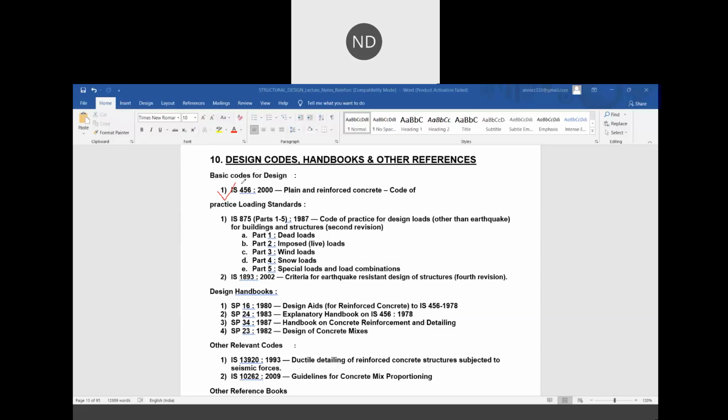IS 456 2000 is the code of practice for plain and reinforced concrete. So in this IS code, which we are using now, we have all the plain and reinforced concrete code of practice.